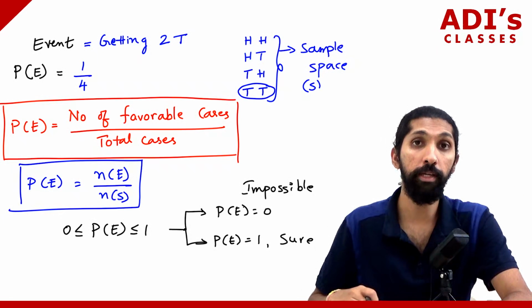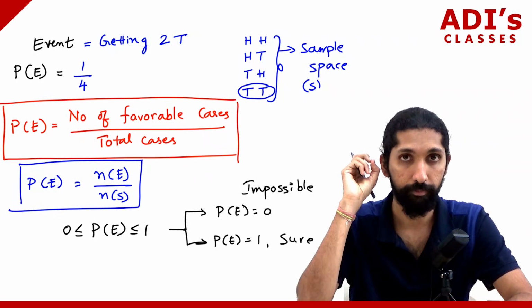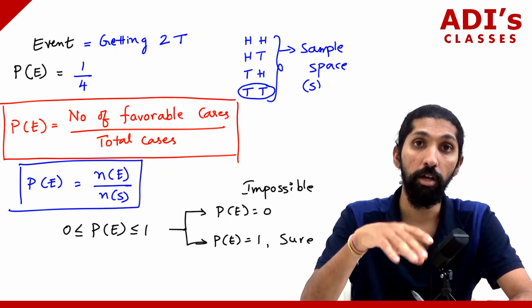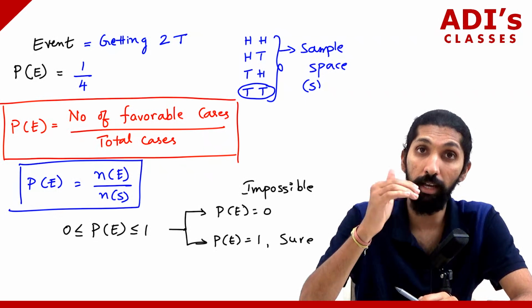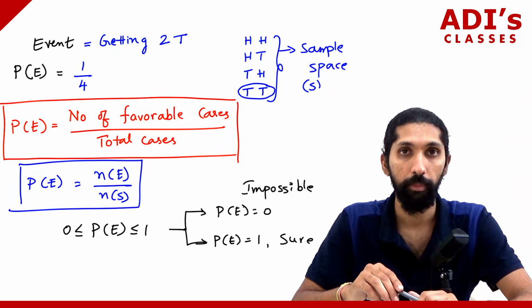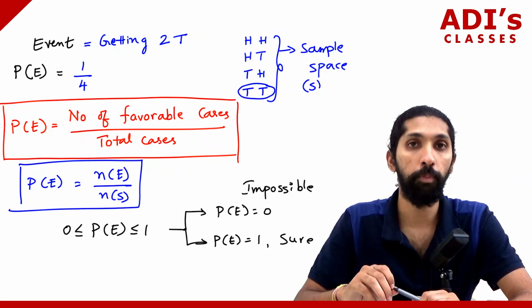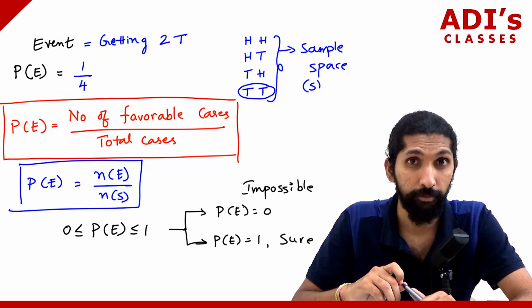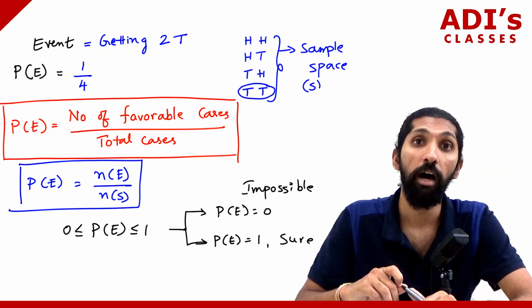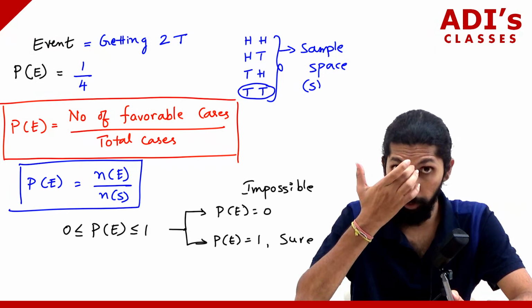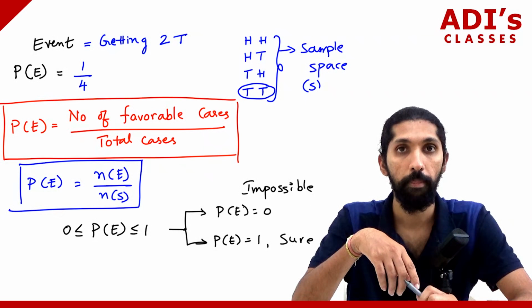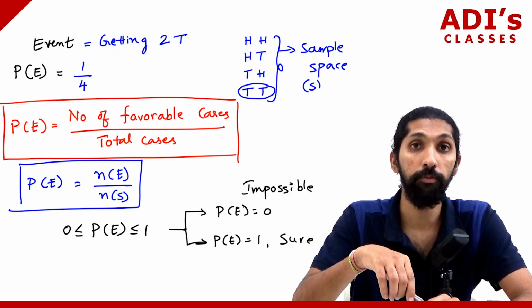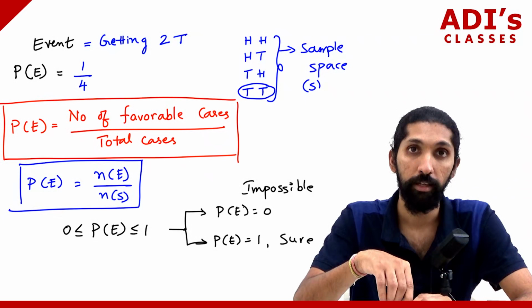Suppose my probability is 0.7. That means it is more likely to happen. Or let's say you have a probability of 0.5, which is half, 50%. We call that equally likely. Or say you have a probability of 0.05.